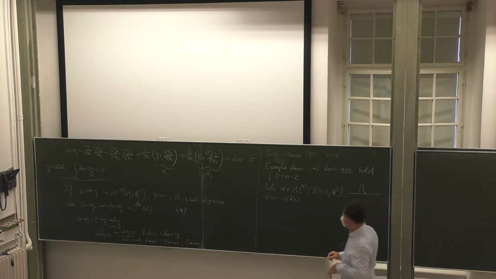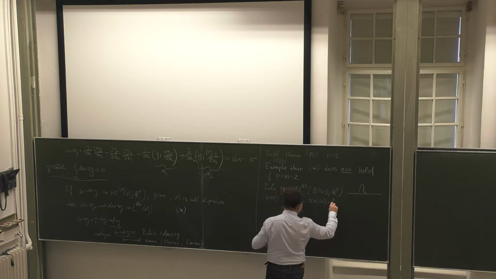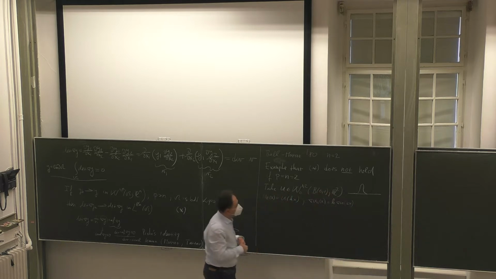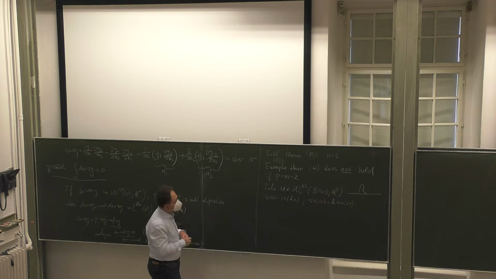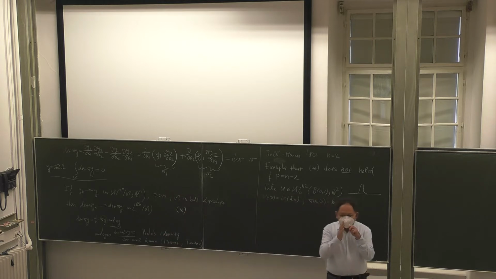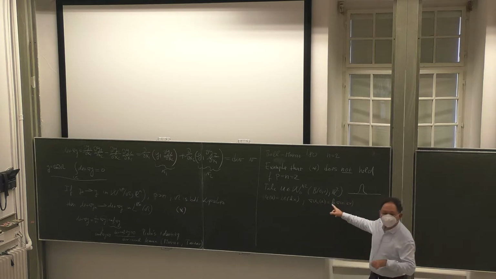And if you look at the gradient, this is k times the gradient of u(kx). The gradient is going to have a smaller and smaller support, and it will be bigger and bigger because there's a factor.